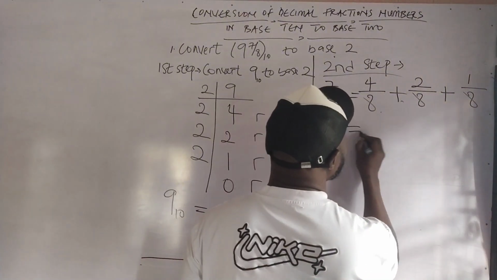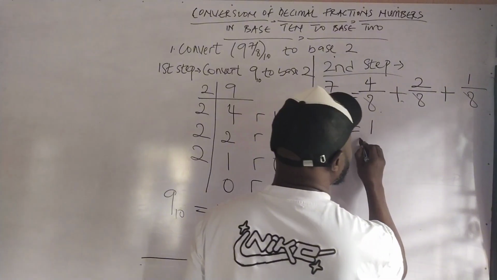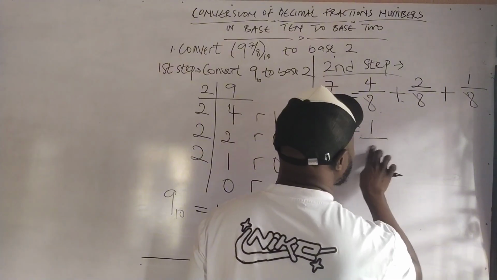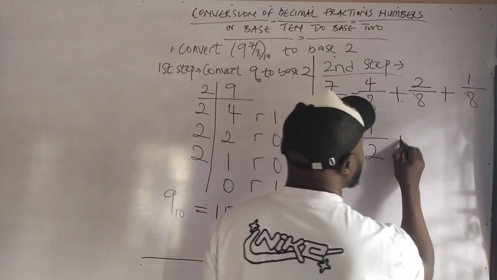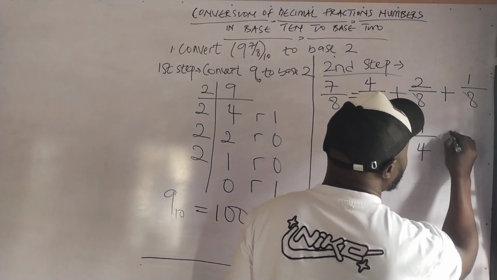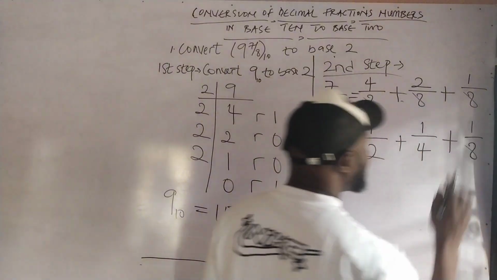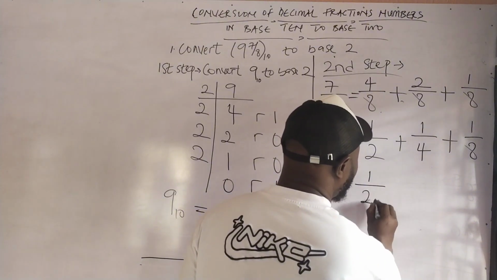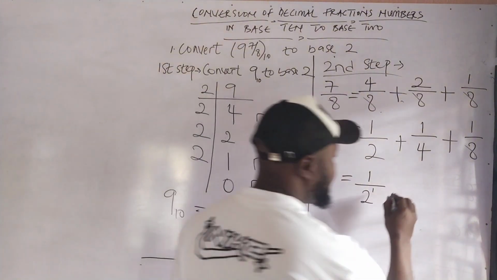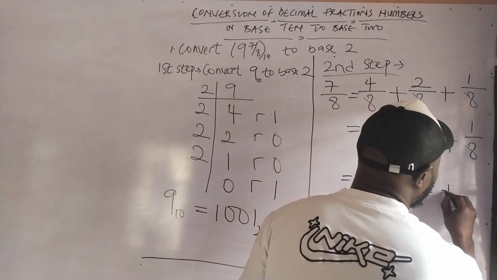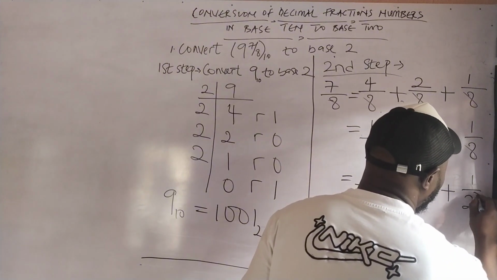Then you can now say 7/8 is 4/8 plus 2/8 plus 1/8. Okay, 4 in 8 is 1/2, 2 in 8 is 1/4, so that should give us 1/2 plus 1/4 plus 1/8. We can say 1/2 raised to power 1, plus 1/2 raised to power 2, plus 1/2 raised to power 3.